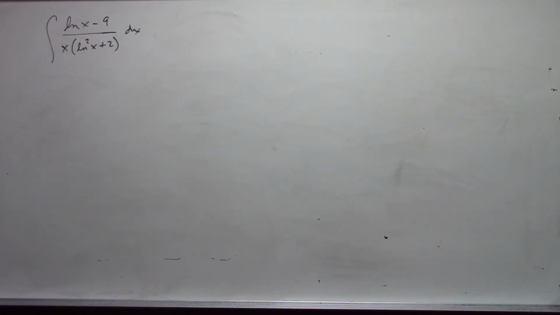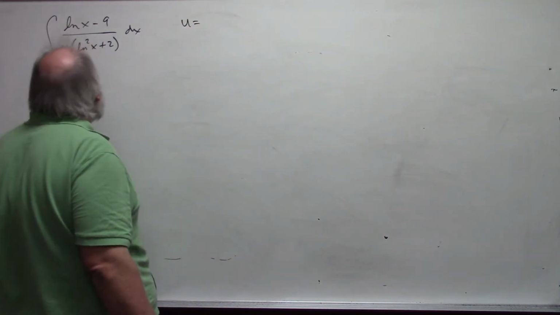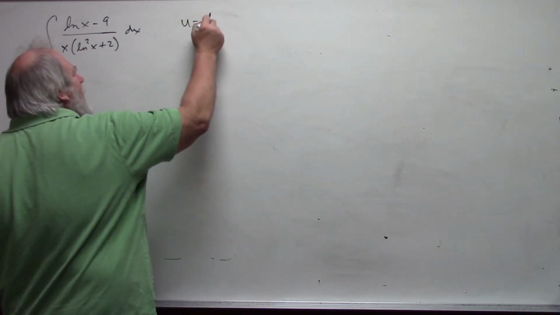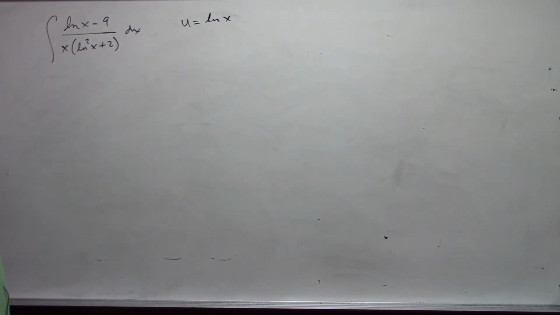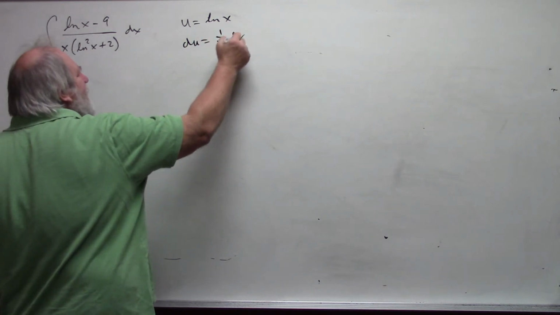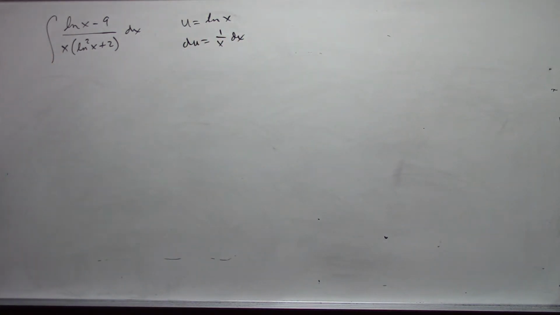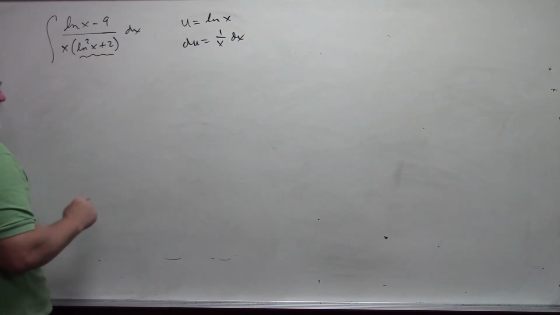That won't work. I'm still going to start with a u sub, but now my u is just ln of x. My du is 1 over x dx. Notice that I can then replace this as u squared plus 2.